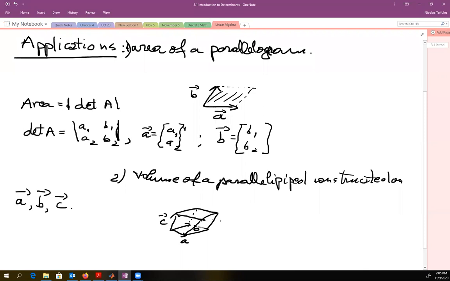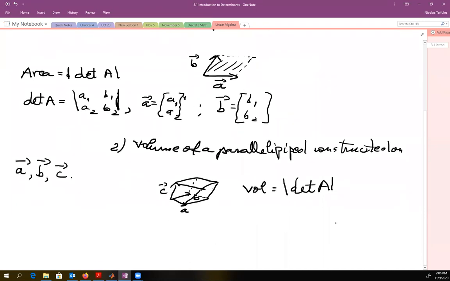Then the volume of this parallelepiped is given by the absolute value of the determinant of a matrix A, where the matrix A consists of the entries of these three vectors A, B, and C.